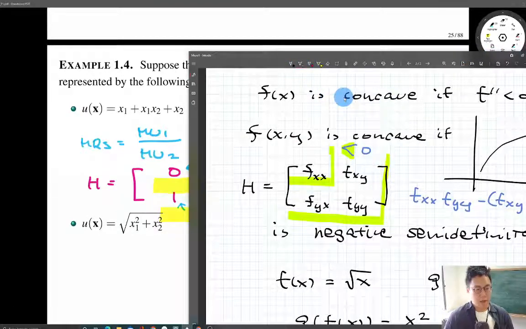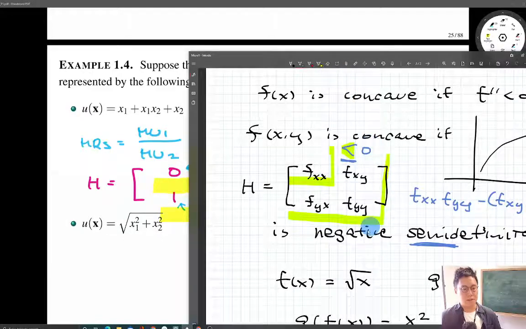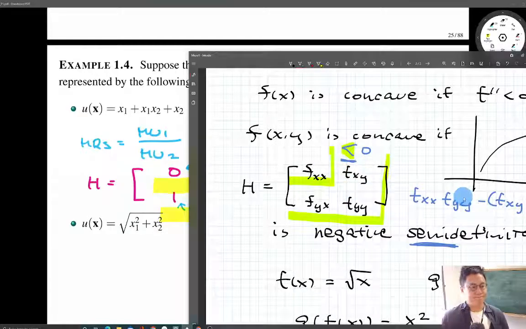We allow the possibility that it is equal to 0, so that is semi-definite. If it is strictly negative, then it is negative definite. Strictly negative and strictly positive principal minors make this Hessian matrix negative definite, but semi-definiteness allows for some principal minor being equal to 0.